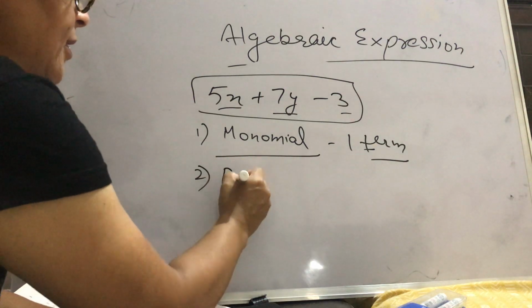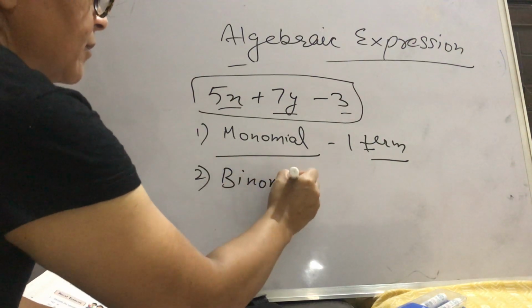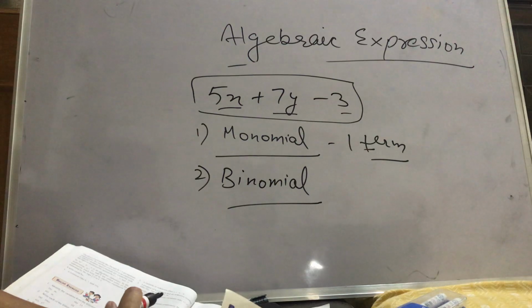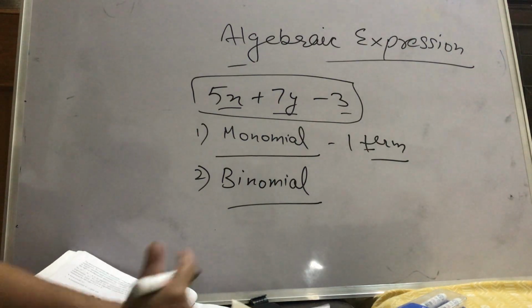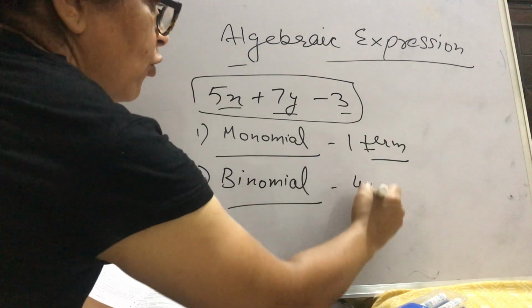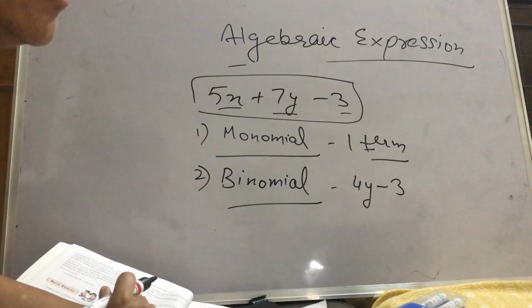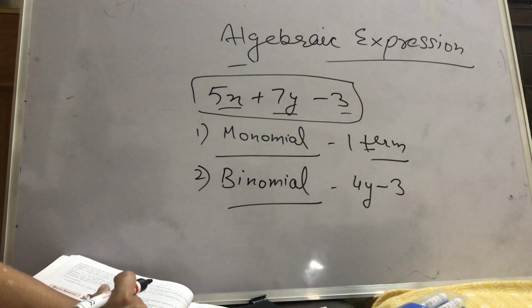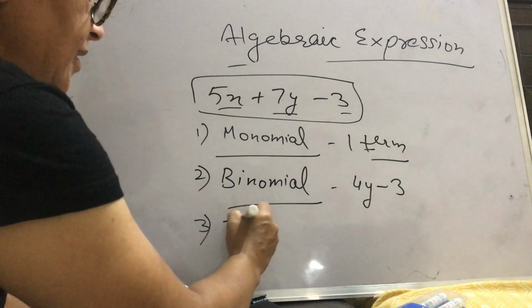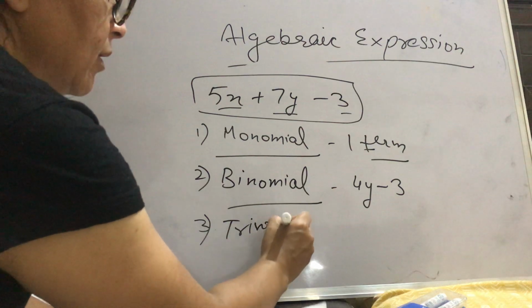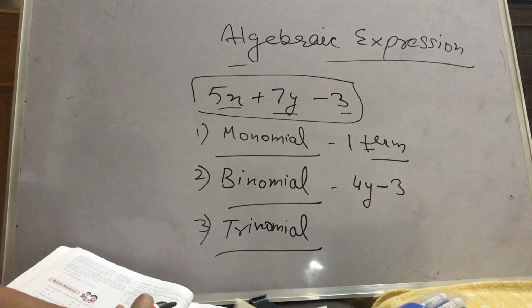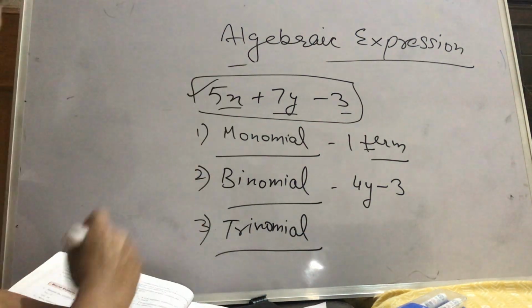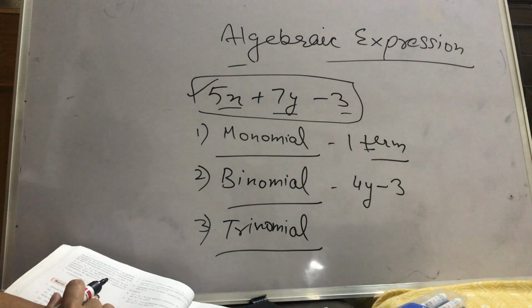The second one is binomial. Binomial means two terms, as 4y minus 3. This is a binomial having two terms. The first term is 4y and the second term is minus 3. Next is trinomial, meaning three terms, as this is the trinomial, 5x plus 7y minus 3.